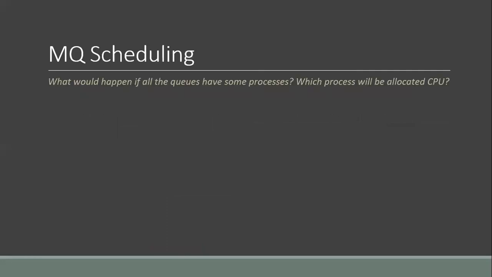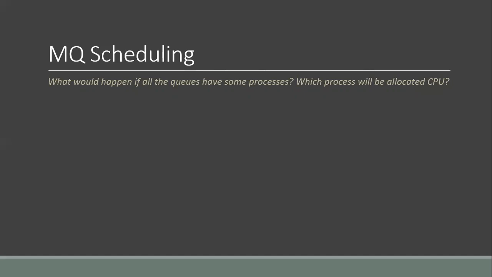What would happen if all the queues have some processes? Which process will be allocated CPU? In other words, how can we schedule among different queues? As we have just discussed, there are two queues in a system, the foreground queue and the background queue.